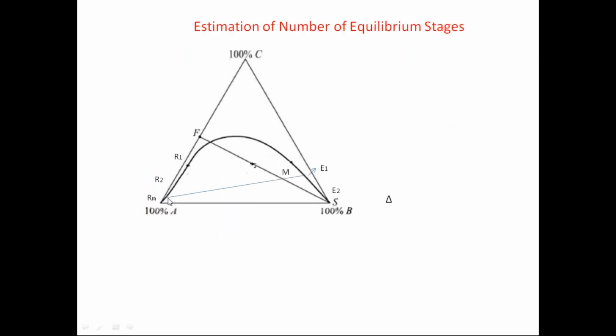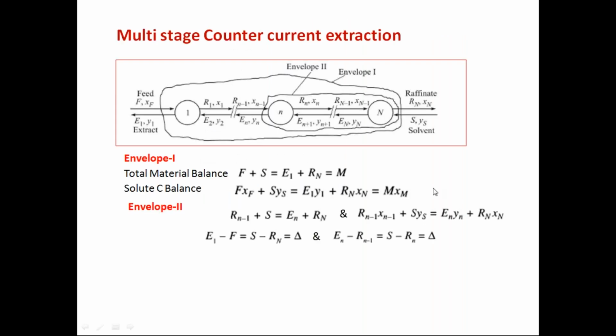So if you get this Rn, and M can be extended on this line, you will get the E1. How do you get the M point on the FS line? If you know M into xM, that is equal to F xF plus S yS. These values are known.